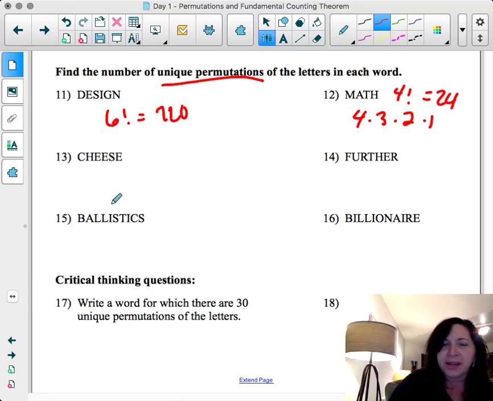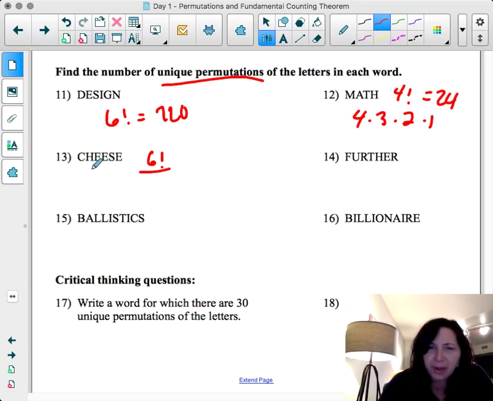Now, this is where it gets kind of tricky because we have 1, 2, 3, 4, 5, 6 letters in the word cheese. So it's going to start off with 6 factorial. But we're dividing out letters that are repeating. So when I do that, how many repeaters do I have?